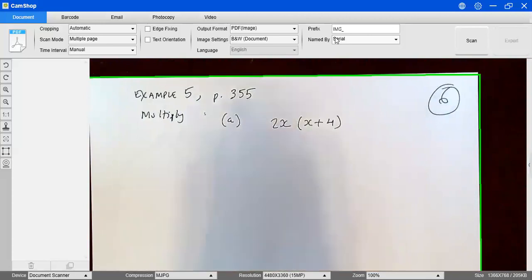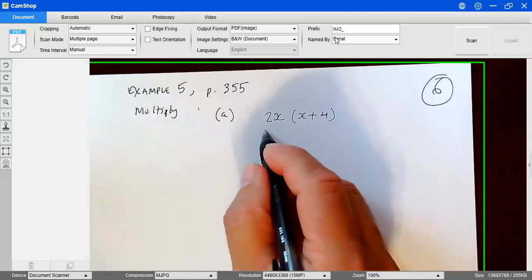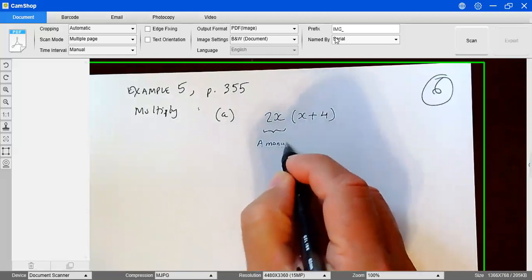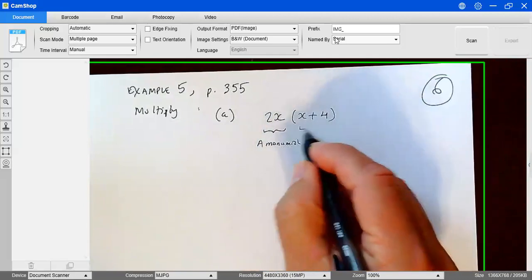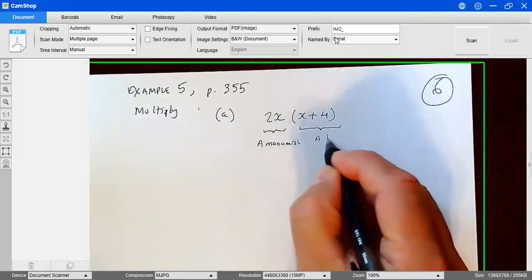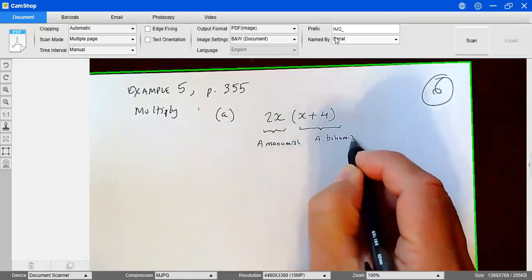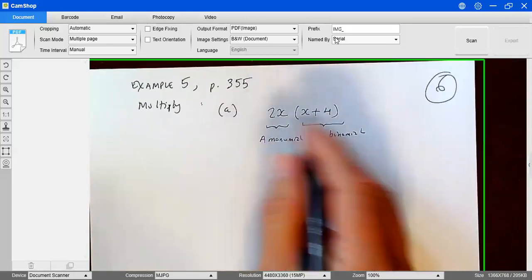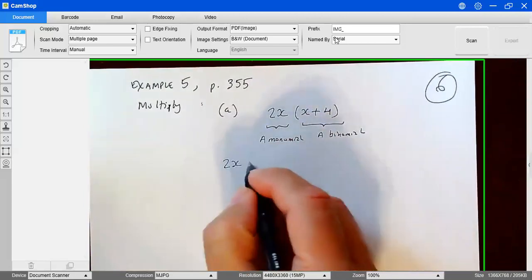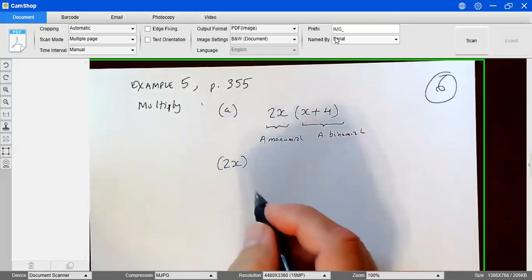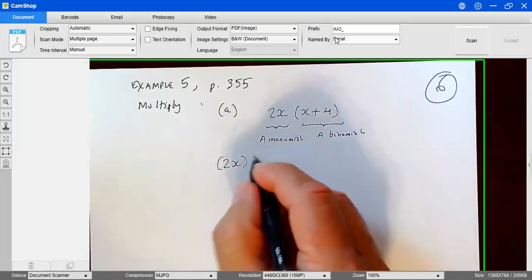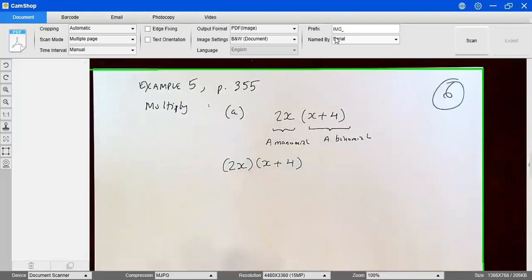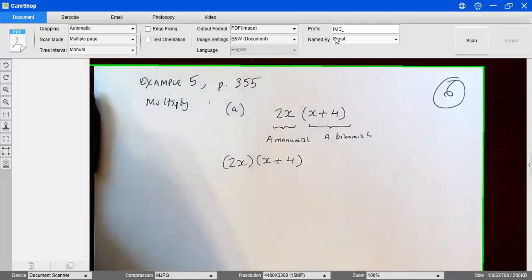So we have here a monomial, this is a monomial, and this is a binomial. So the first thing that we're going to do is apply the distributive property. So we have 2x, and we're going to enclose 2x to see that this is my monomial, and x plus 4 is my binomial.